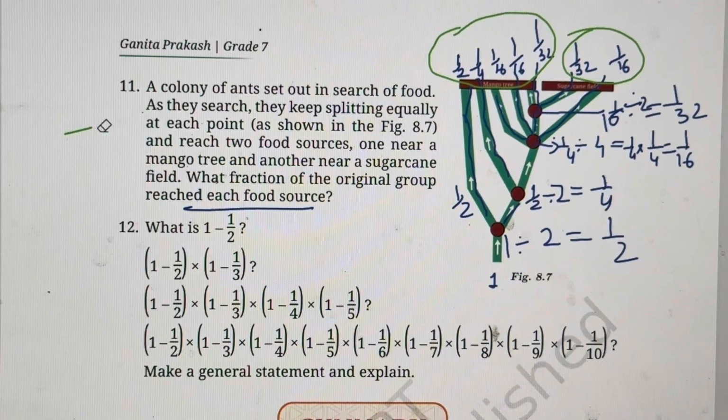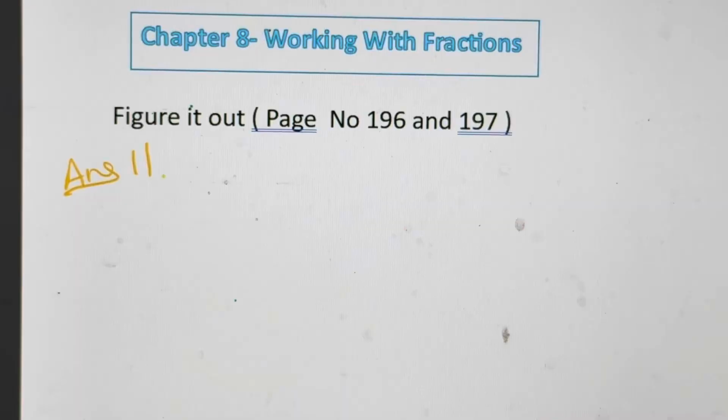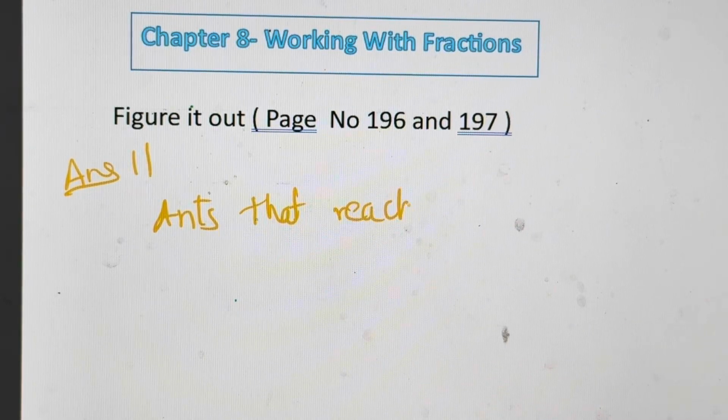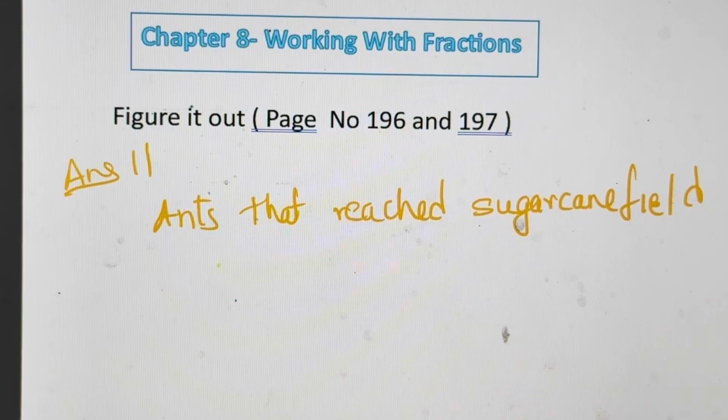Now I'll show you how to find out the total. So ants that reached the sugarcane field is equal to 1 upon 16 plus 1 upon 32.